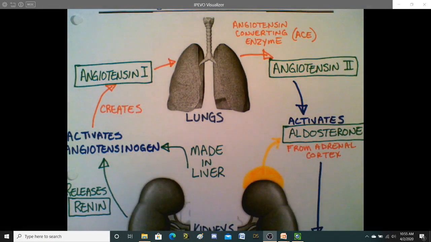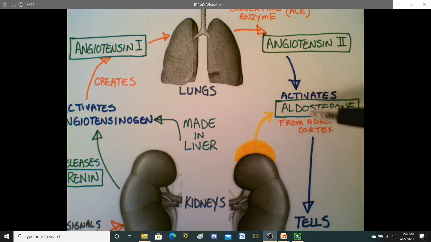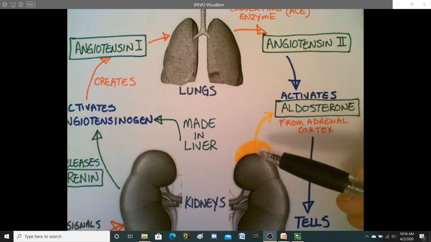Now, angiotensin 2 is floating around in our bloodstream, and it's going to come in contact with aldosterone that was made through the process of our other handout, handout 21C. So we've got adrenocorticotropic hormone telling the adrenal glands to make aldosterone. That is what's going on right here.